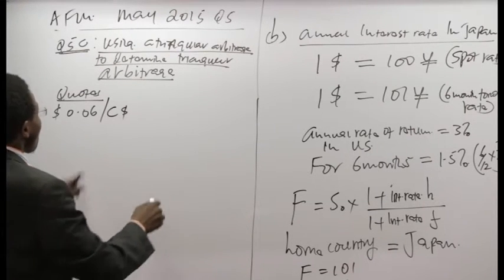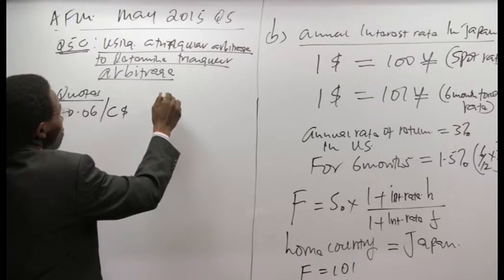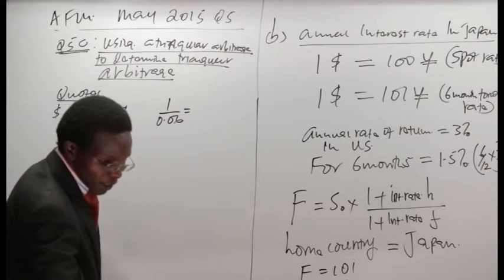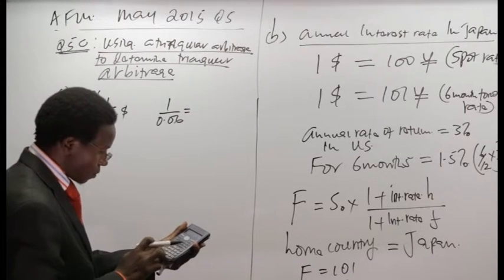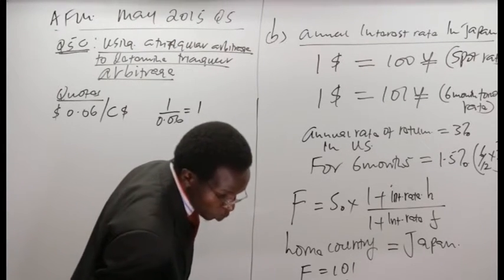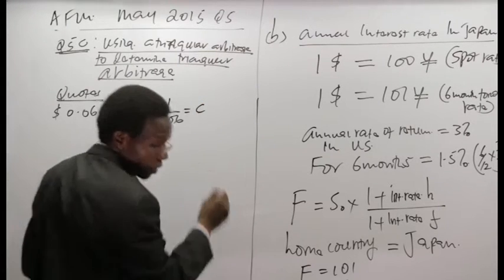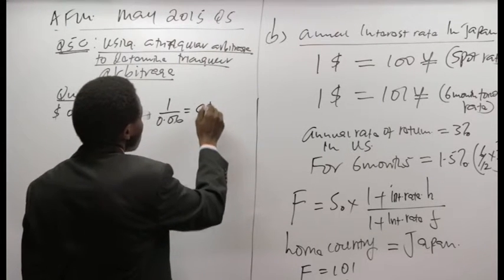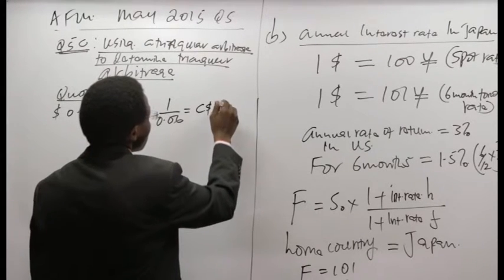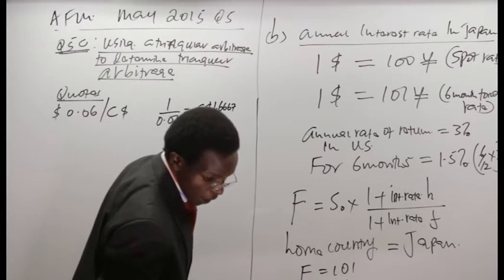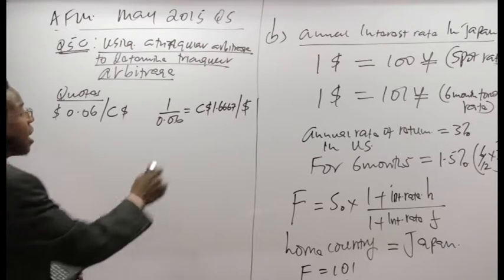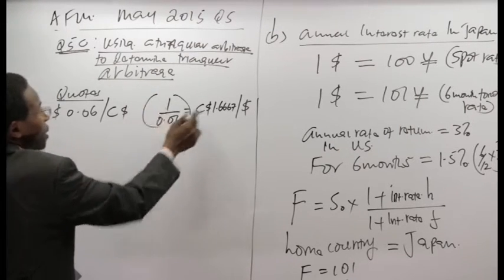That means that if you take simply 1 over 0.06, you'll be able to get what they have given us as Canadian dollar 1.667 for 1 US dollar. It's just the same. This is how they got it.